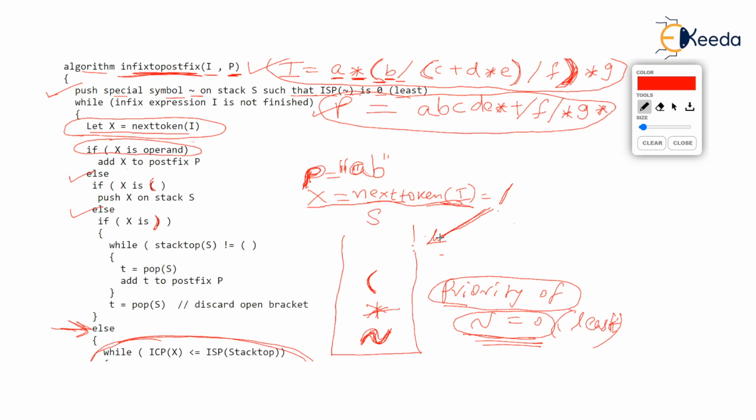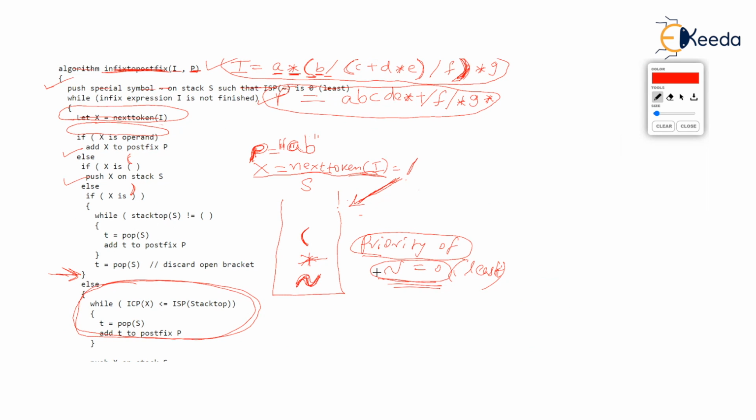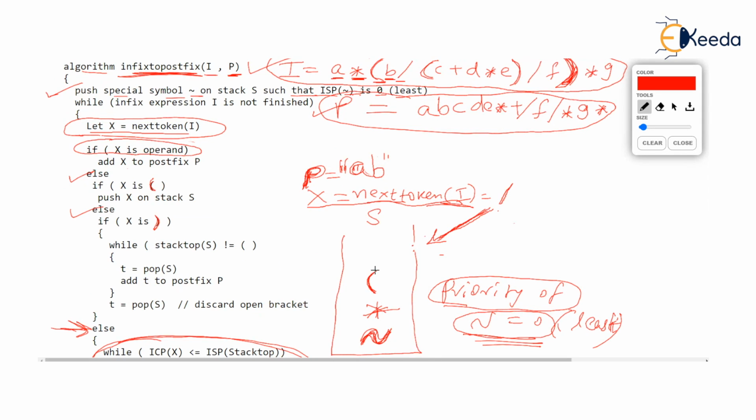Incoming operator should have higher priority than the in stack operator. Now, what is the in stack operator? Open bracket. And you know open bracket has highest priority. Just now I said open bracket can go on top of anyone. But the same open bracket, once it goes inside the stack, then it has least priority. This is the point on which the students get irritated.